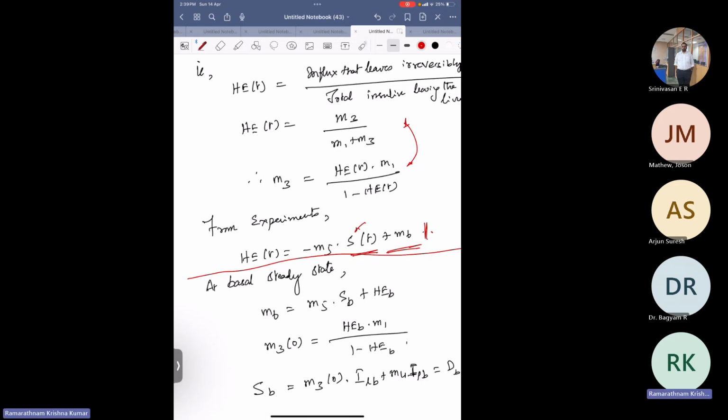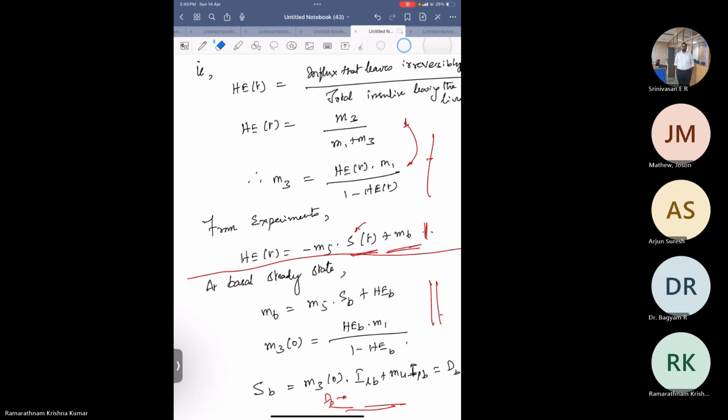So all the equations I have written here are also reproduced, rewritten where dB is basal degradation.